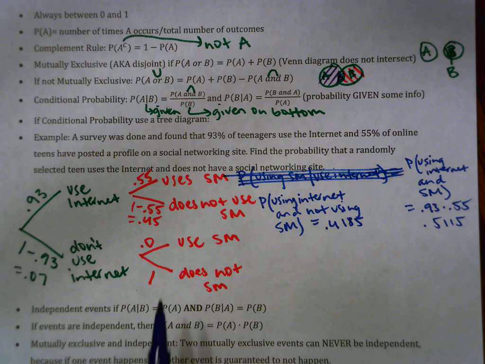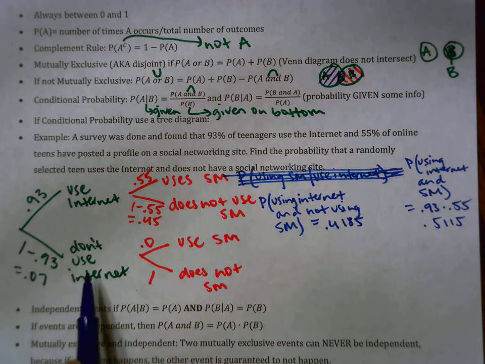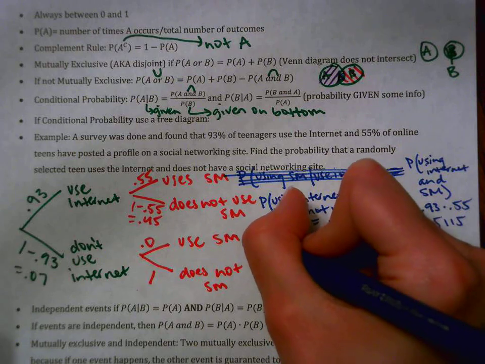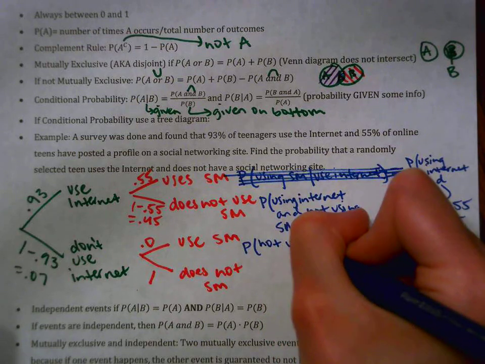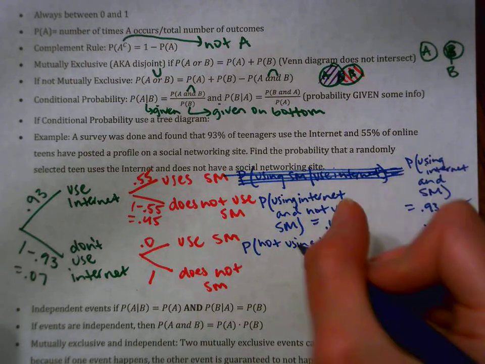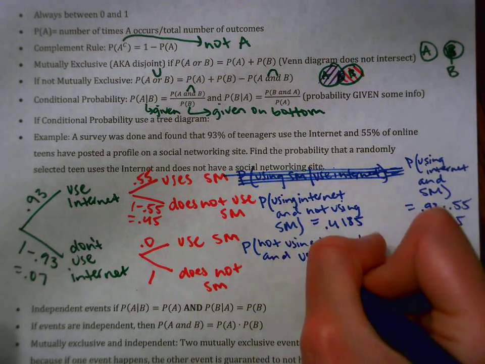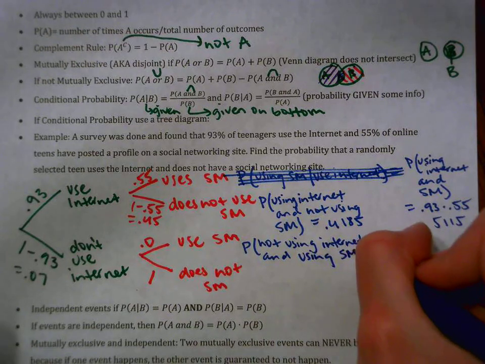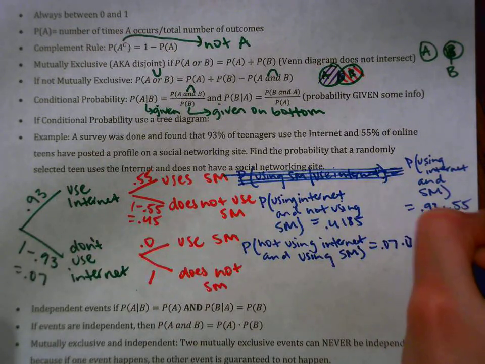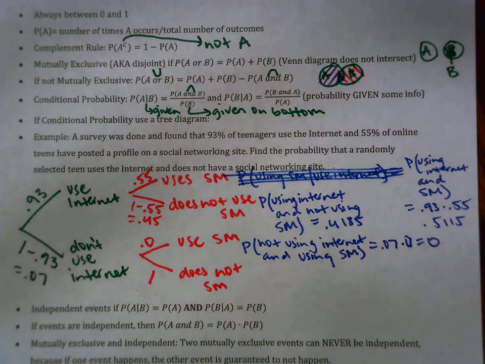And then down here, the probability of not using internet and using social media would be 0.07 times 0, which is 0, right, because it's impossible to do that.